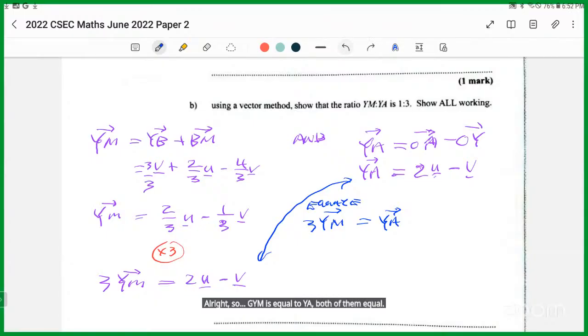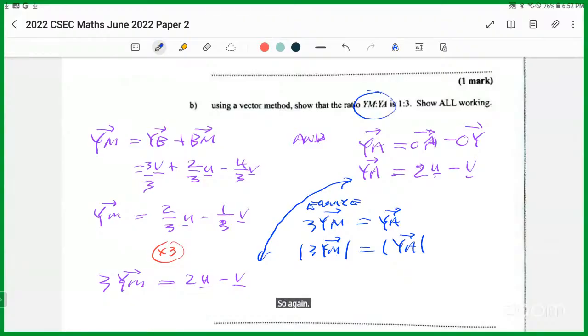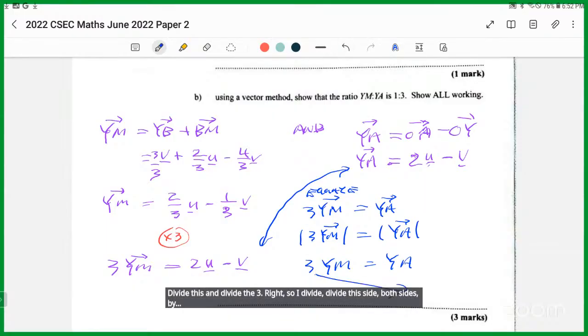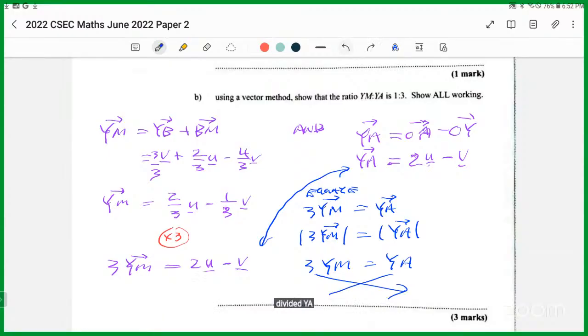And then from here, we'll just take the modulus of both sides. So the modulus of 3YM equals the modulus of YA. So we can get rid of the vector. It becomes 3YM without the vector equals YA. And then to form a fraction, you divide both sides by 3 and by YA.